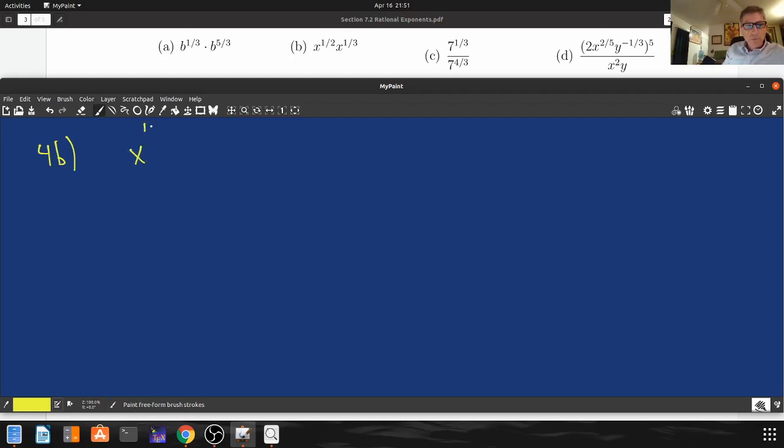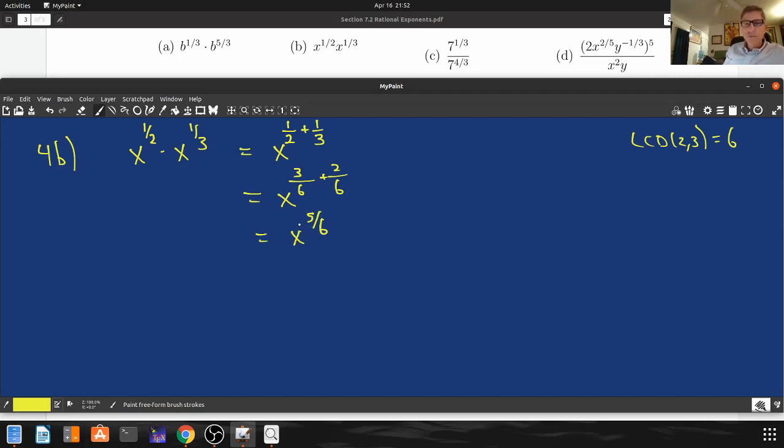x to the 1/2 power times x to the 1/3 power. The bases are the same, so I can add their powers. The LCD of 2 and 3, they don't share any common factors, so it's the product. So this is x raised to the 3/6 plus 2/6, which is x raised to the 5/6 power.